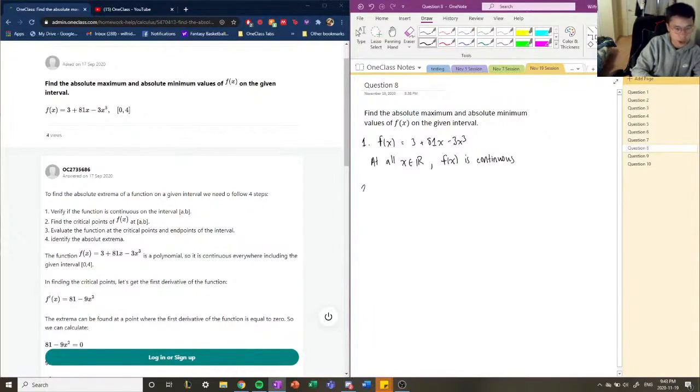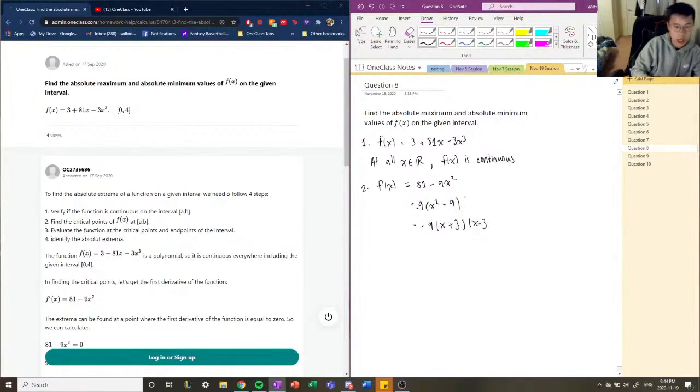So we need to find the critical points now, so we calculate f prime of x. f prime of x is equal to 81 minus 9x squared. We want to factor that, which is negative 9 times x squared minus 9, and that is equal to negative 9 times x plus 3 times x minus 3.